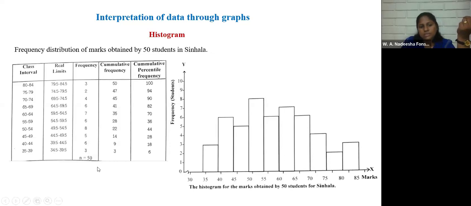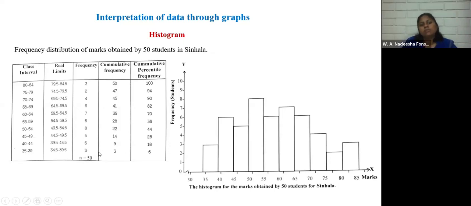To calculate percentile frequency, here the frequency is 3, no? The total number of students is 50. 3 divided by 50 into 100 is 6.